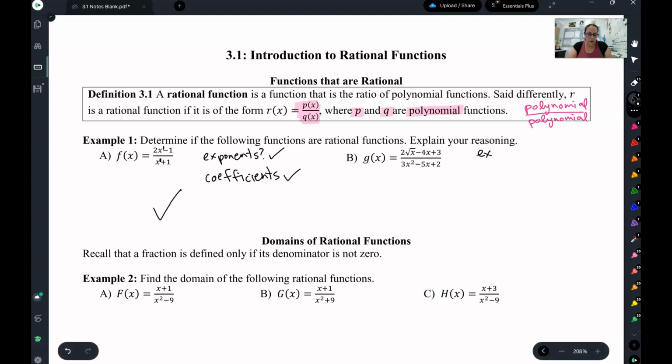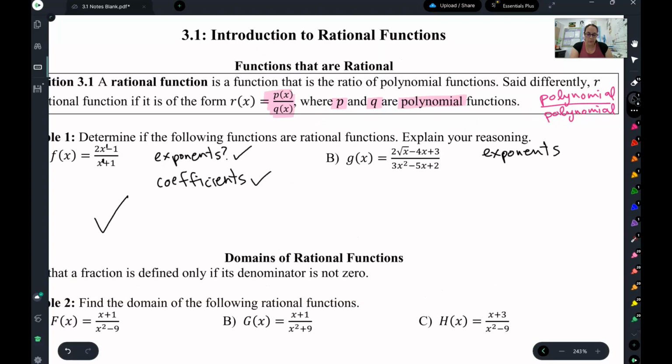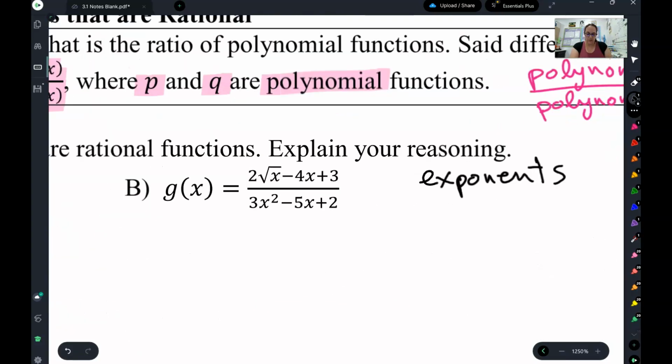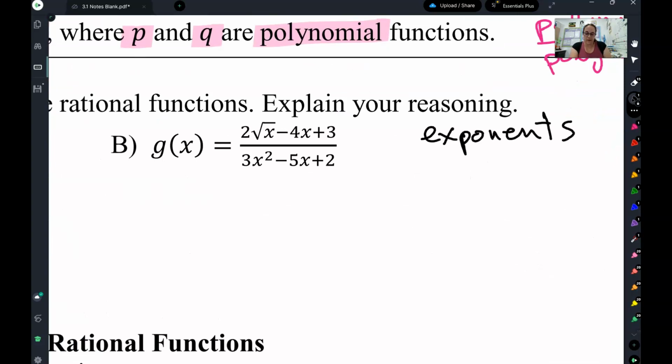Now if I come over here at B, I check my exponents. They should be positive whole numbers. And I notice very quickly a problem right here with square root of x. You may remember that square root of x can be written as x to the 1/2. Same thing.